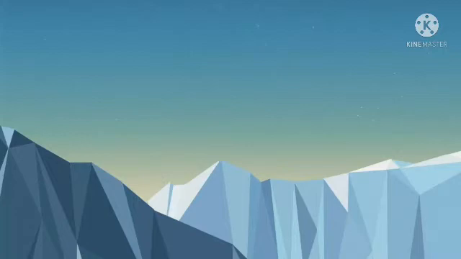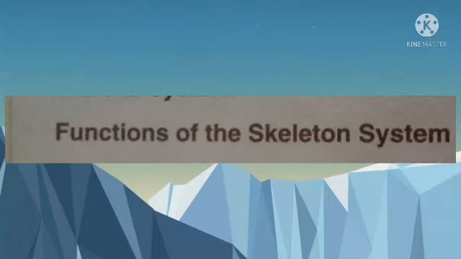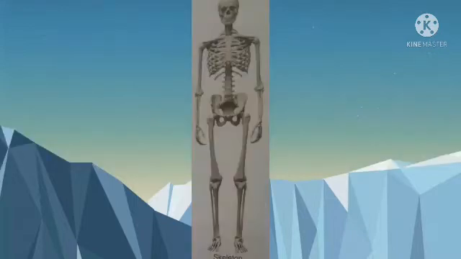Children, in the previous class, we have learnt about the skeletal system, functions of the skeletal system and parts of the skeleton. Children, what is the skeleton? Yes, the skeleton is a framework of bones that gives support to our body.